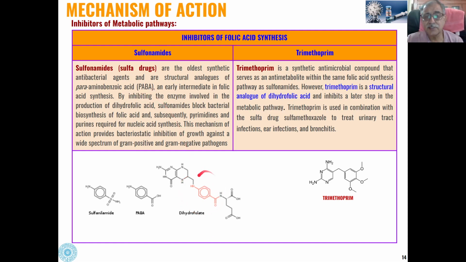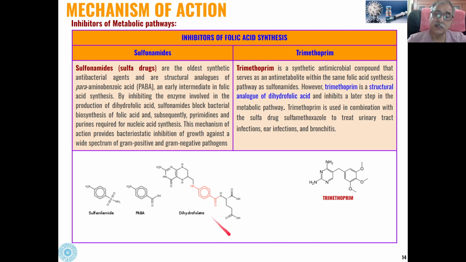Para-aminobenzoic acid is an early intermediate in the synthesis of dihydrofolate, which ultimately gives us the folic acid. Now when, instead of PABA, the sulfonamide is available, this part will be replaced by sulfonamide. Therefore, the folic acid synthesis will be inhibited. Instead of folic acid, we will get the sulfonamide-mediated product.